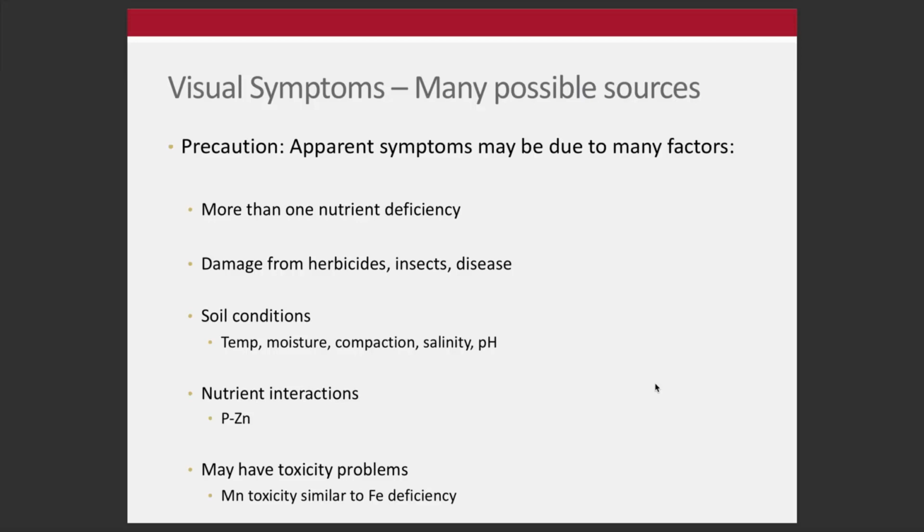There can be multiple nutrient deficiencies. It may not be a nutrient deficiency at all, but maybe damage from herbicide burn, for example, or insect predation, or some sort of disease, or maybe an abiotic factor like temperature, compaction, and so on. So there are a number of different things that might manifest as what would look like a nutrient deficiency when we often aren't entirely sure.